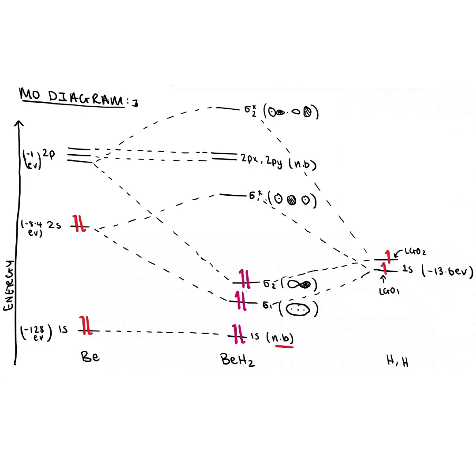Now we can calculate the bond order, but we have to remember that non-bonding molecular orbitals are not included in the calculation. The bond order is the number of electrons involved in bonding MOs, so here that is 4, minus the number of electrons in antibonding molecular orbitals, in this case 0. Then we divide it by 2.